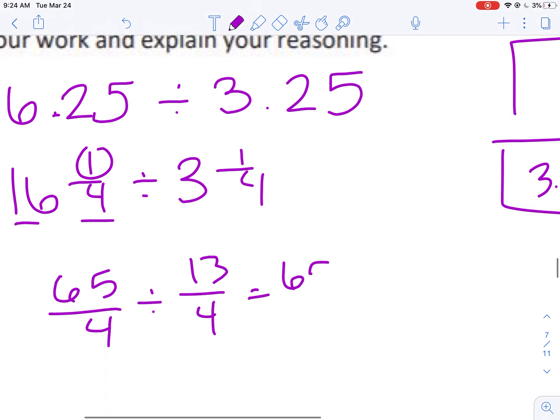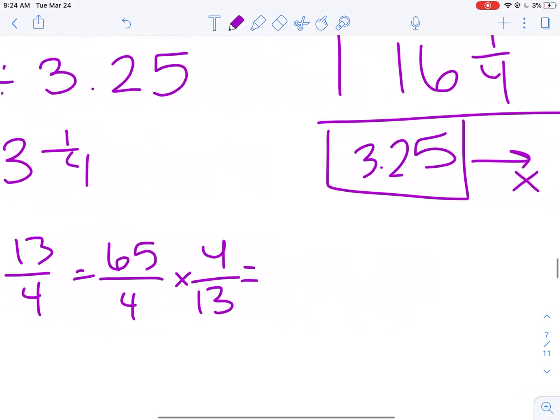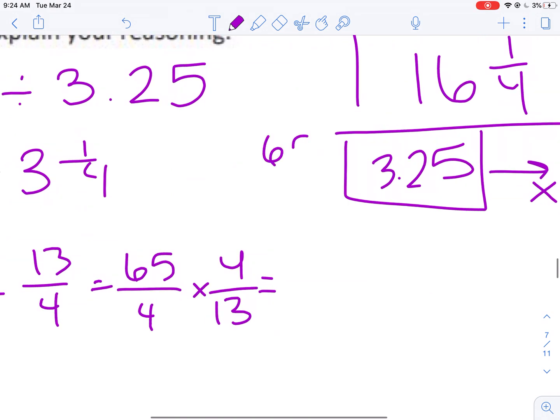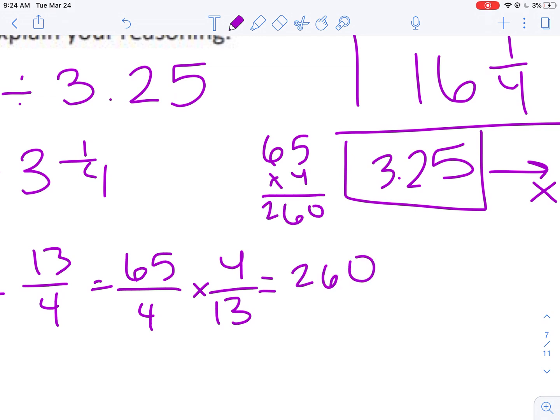Change that to multiplication. And 65 times 4 is 260, and then 13 times 4 is 52.